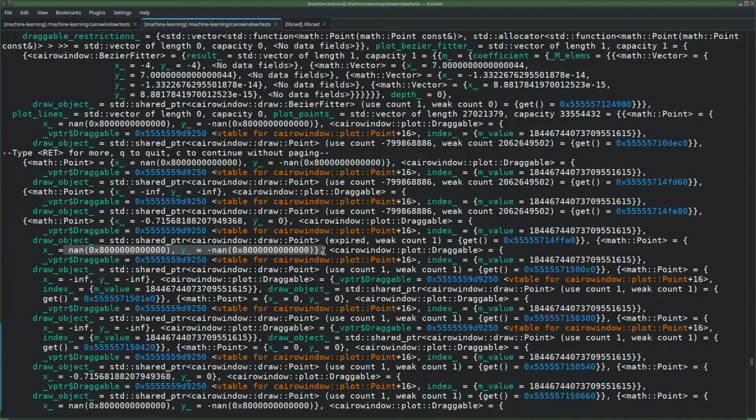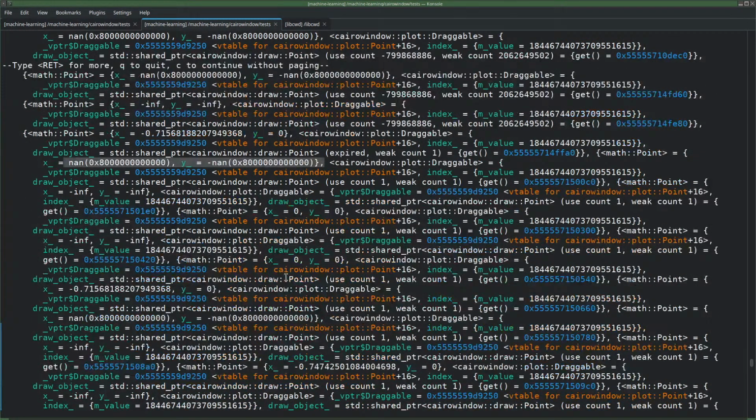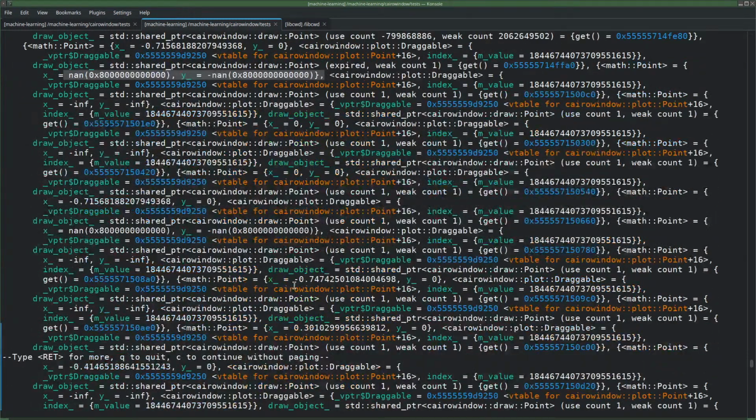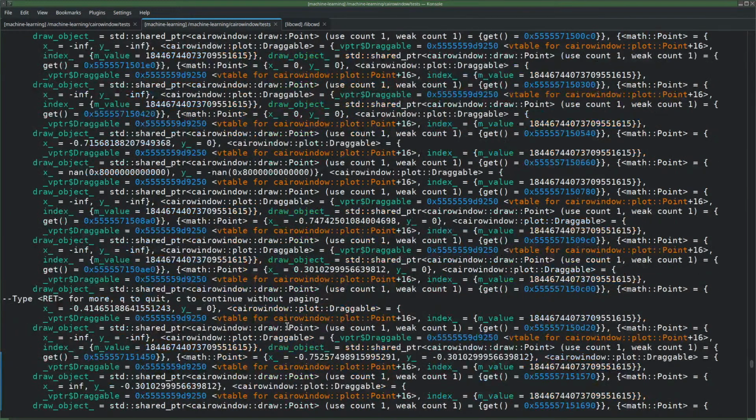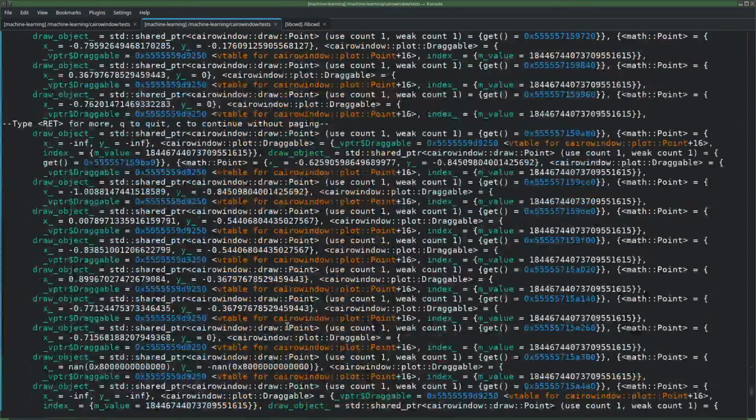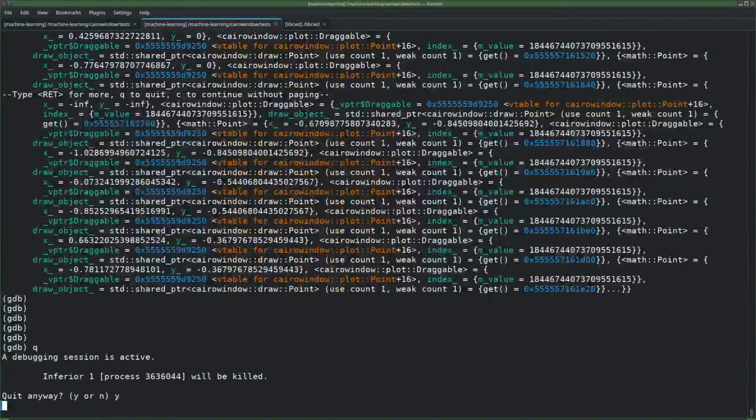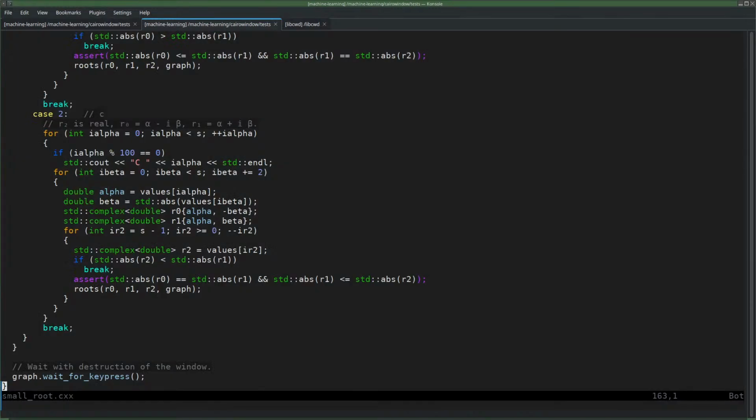So the next one. Everything stops drawing as soon as you try to add something with a not a number. It's always a possibility. Let's not add points that are unplottable.